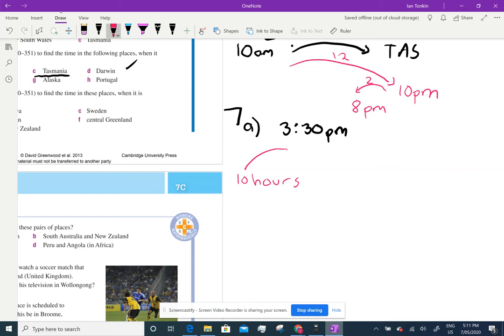So if I go back 12 hours to 3:30 a.m., and then come forward 2 hours. So 4:30, 5:30 a.m. The previous day. So 5:30 a.m. and it's the day before.